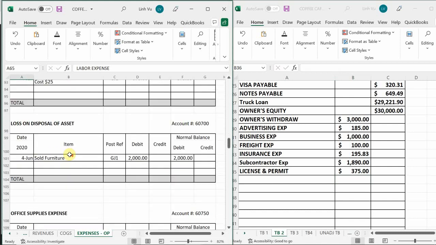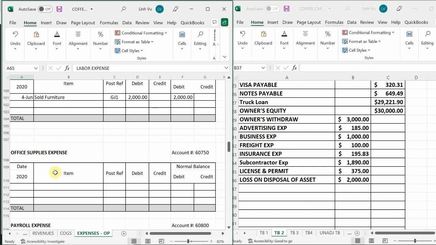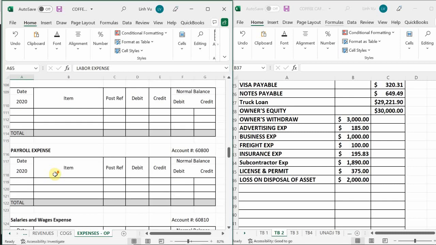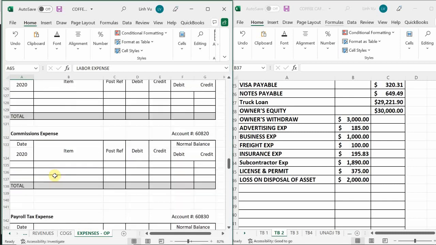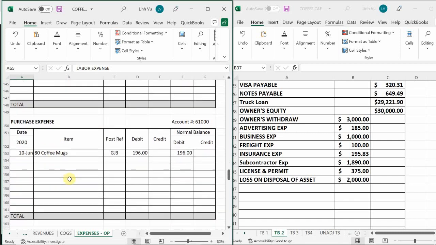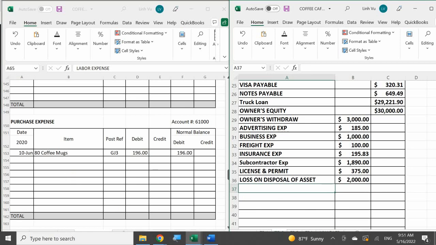Okay. We got loss on disposal of asset, because we sold our furniture. $2,000. Office supplies expense. We don't have any office supplies, so we can't use them. Okay. Payroll. We haven't paid our employees yet. Then purchase expense. Yes, we did buy some coffee mugs, so this is a purchase expense.